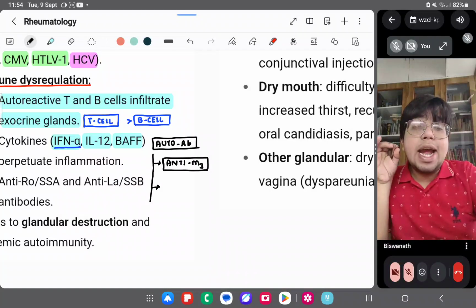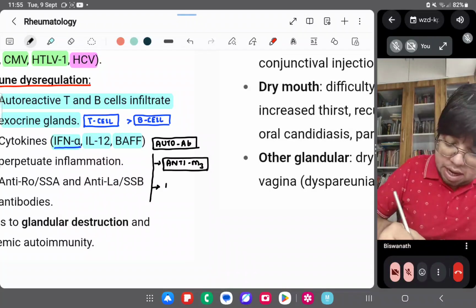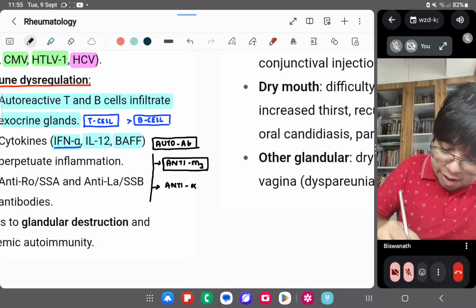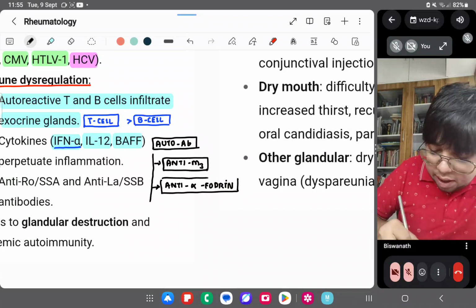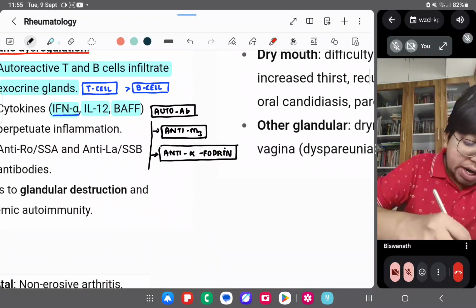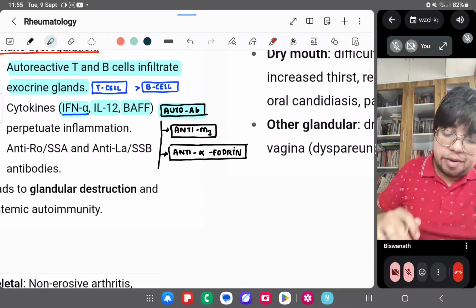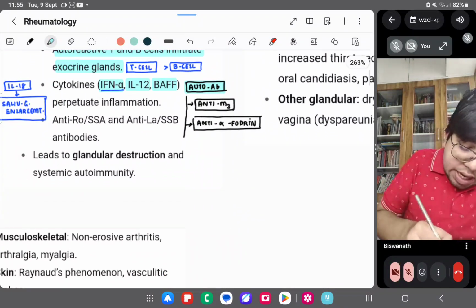The second one is anti-alpha fodrin. Anti-M3 and anti-alpha fodrin are the autoantibodies which are formed in Sjogren's.